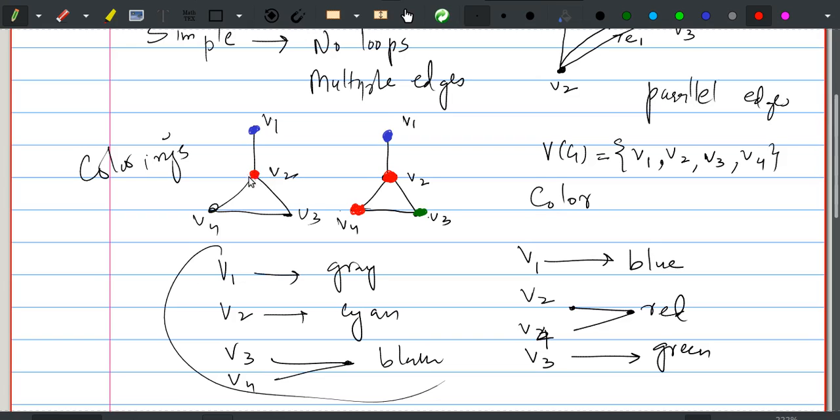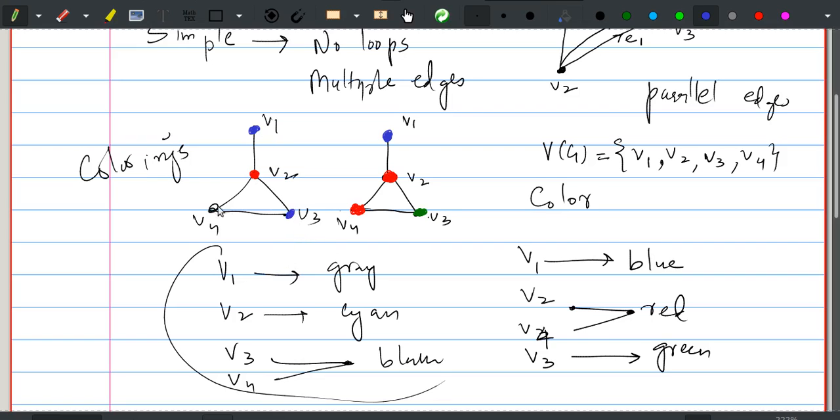Now we have to look for the neighbors of V2. Now V2 has two neighbors, V3 and V4. I mean these are the vertices which are adjacent to it, and sometimes these adjacent vertices are called neighbors as well. So for V3 and V4 we have any choice of colors except magenta. So we can color V3 with blue as well, because V1 and V3 are not adjacent.